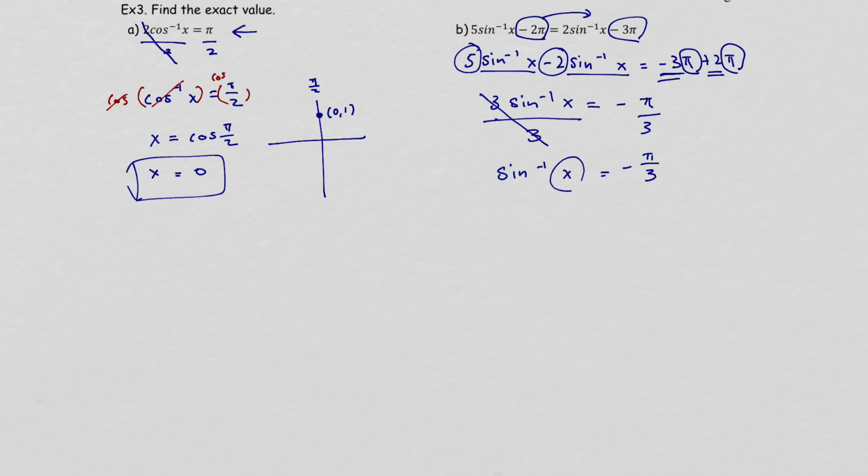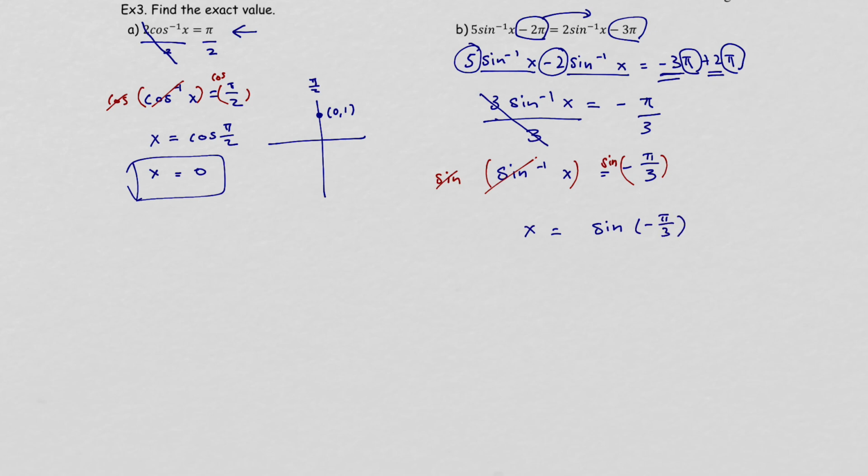It is going to be an exact value because the angle is given. But if you don't see that just by looking at it, then what you can do is multiply both sides by sine, so that we get rid of sine inverse. That gives you x equals sine of negative pi over 3.